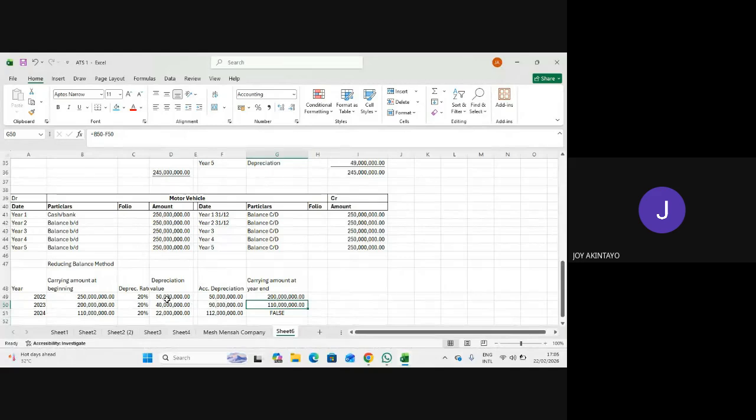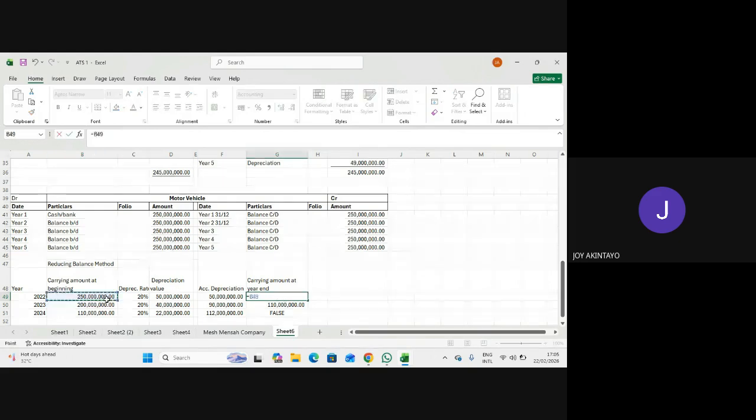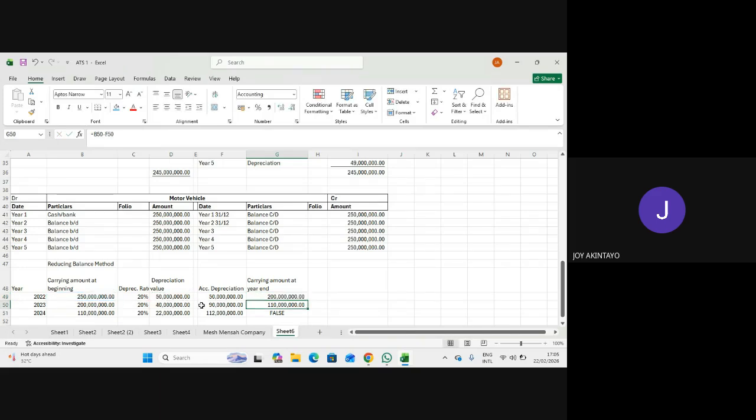You deduct your depreciation for the year from this to get the carrying amount at the end of the period, which is this minus this. Then likewise this minus your depreciation for the period in order to get your carrying amount.